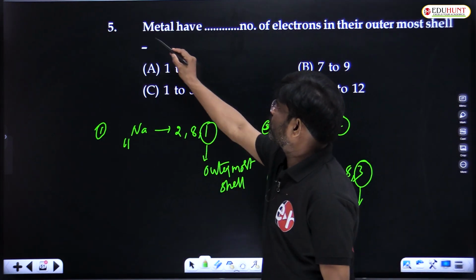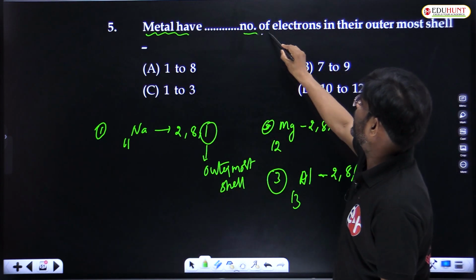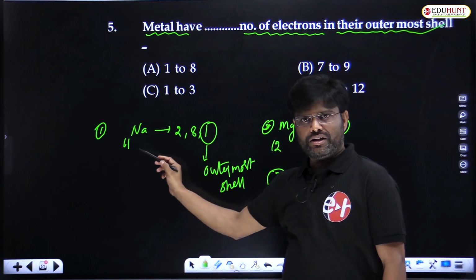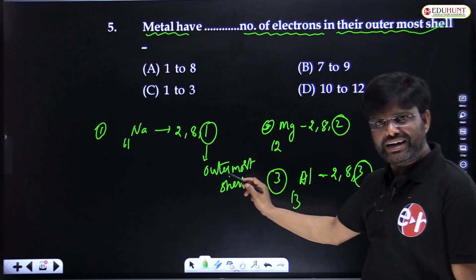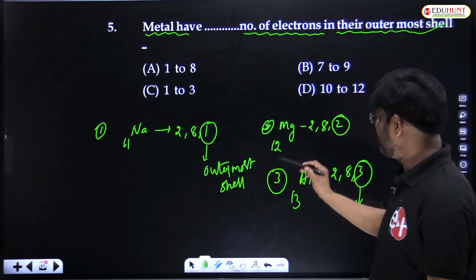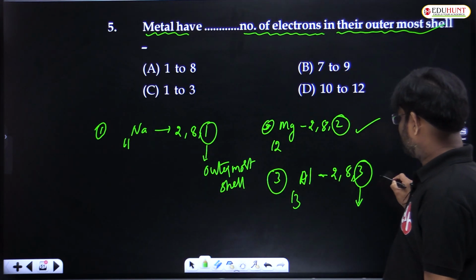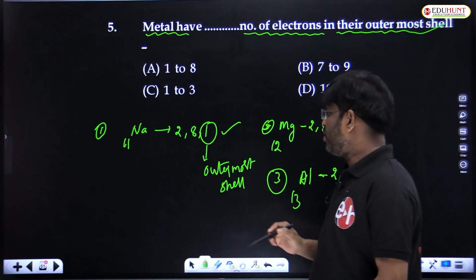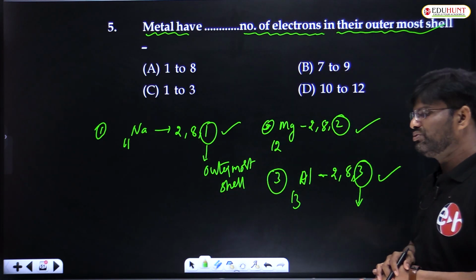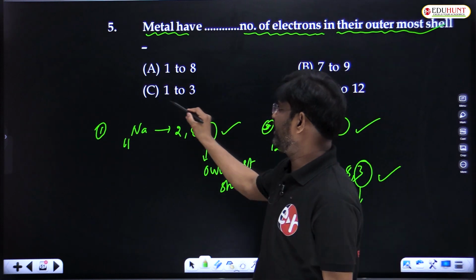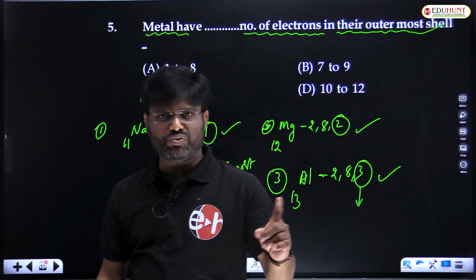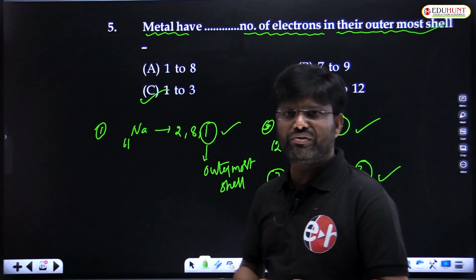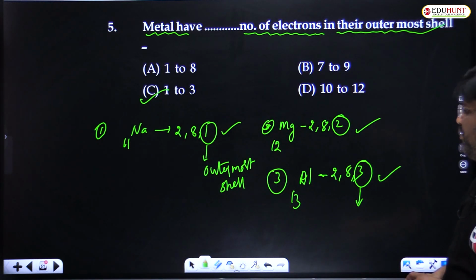So the question is, how many electrons do metals have in the outermost shell? Sodium contains 1 electron, magnesium contains 2, aluminum contains 3. So some metals have 1, some 2, some 3. Understanding what I am telling? This is question number 5.